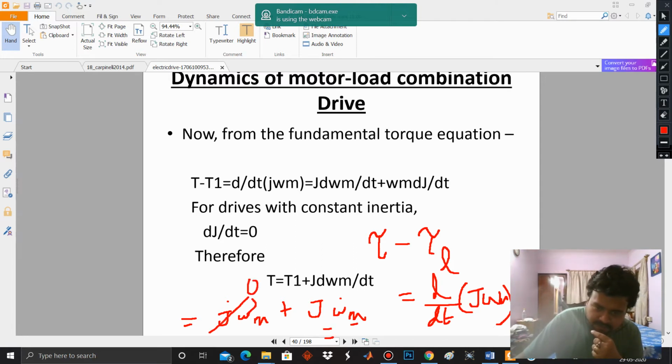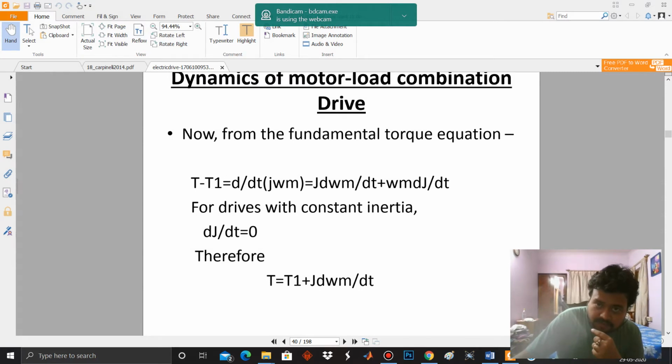So what we are left with is J omega m dot, which is equal to J d omega m/dt. So this is a first order ODE.